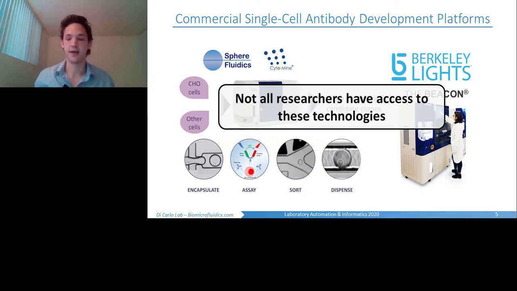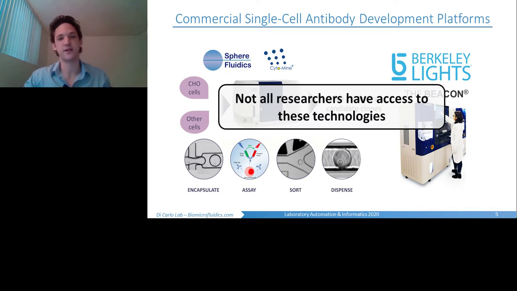Now, I have to say that these are very functional platforms that do really well what they were developed to do. But I would like to argue that there is a big caveat for these systems.